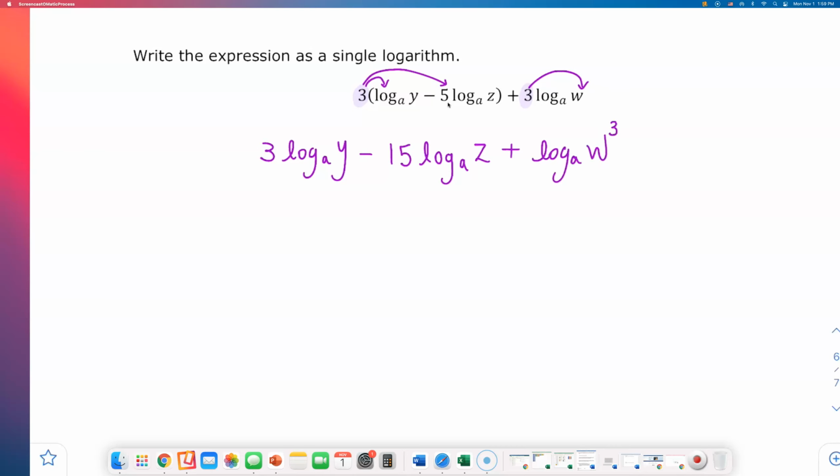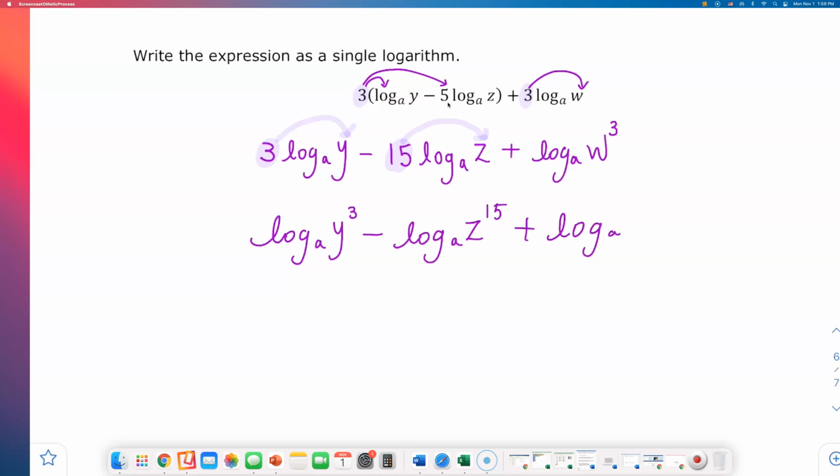Now I'm going to bring these 3 and 15 up. So I'll get log a of y to the 3rd power minus log a of z to the 15th power plus log a of w to the 3rd power.